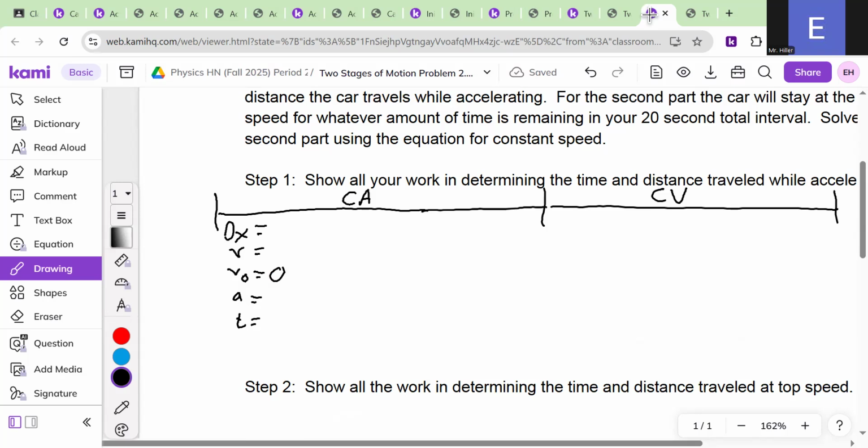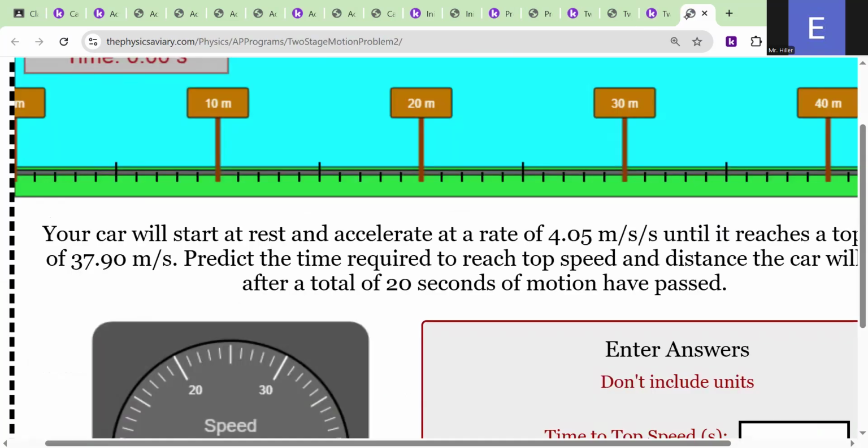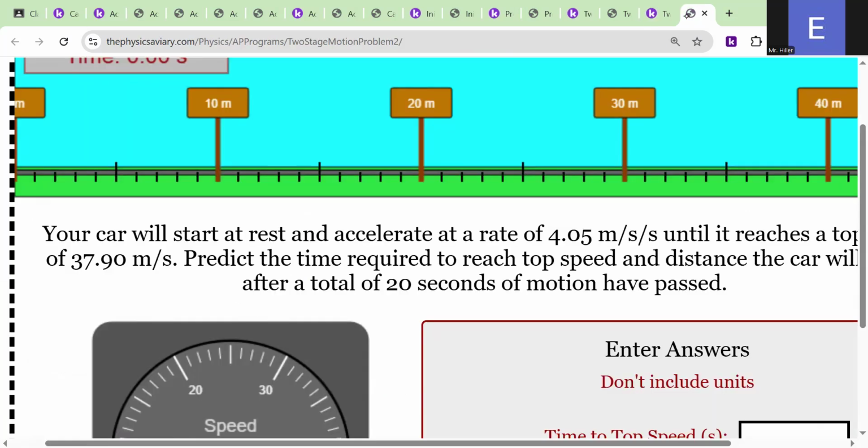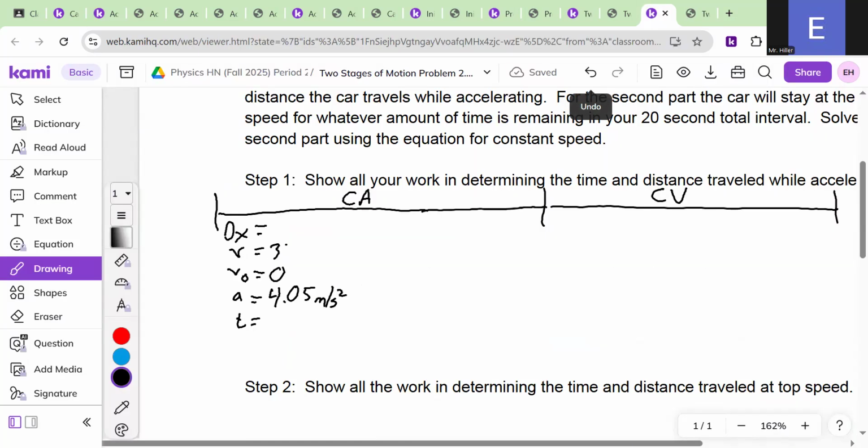Starting from rest. Mine was 4.05. Okay, and my top speed was 37.9. I have to figure out the time for part 1 and how far I went.